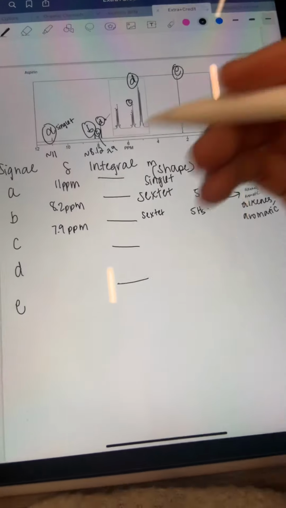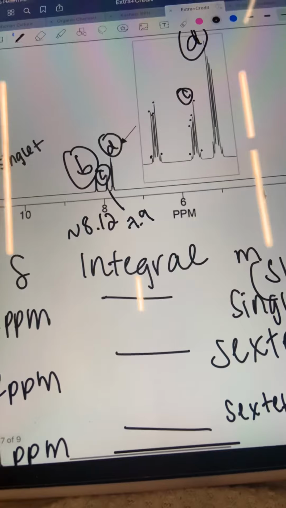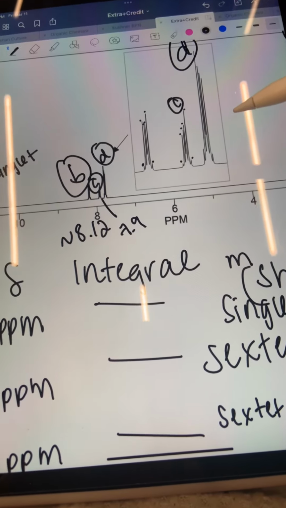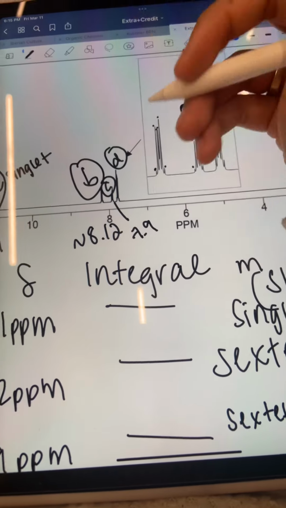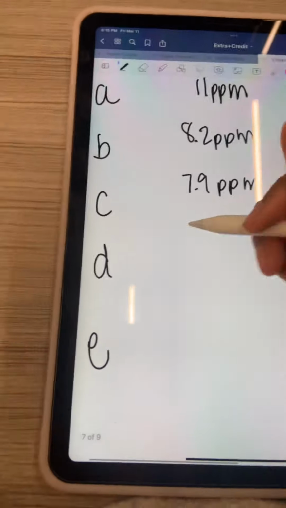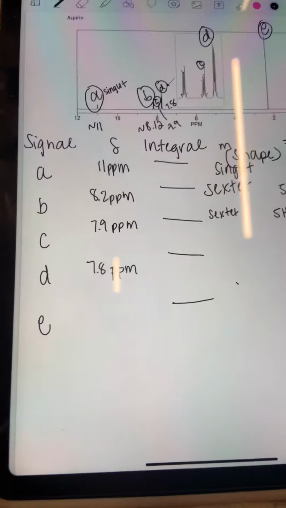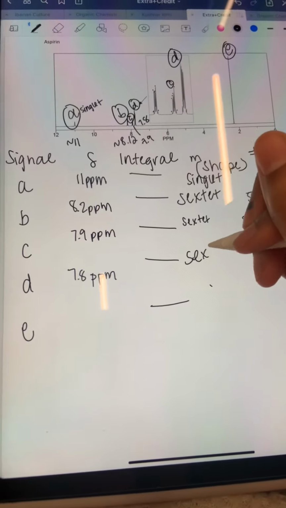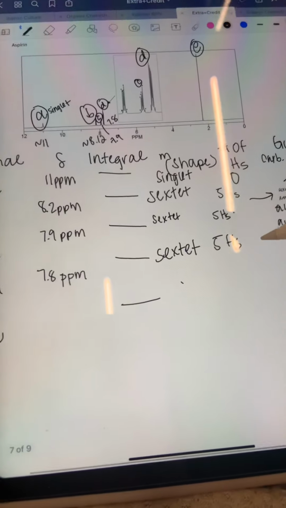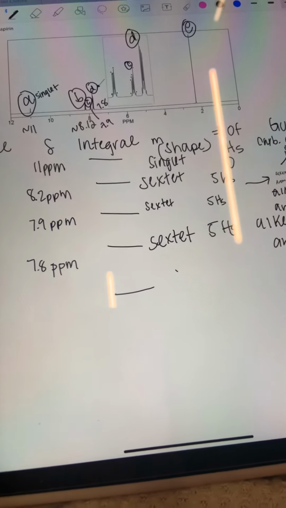And then the same thing is going to happen with D. As you can see here, I know it's very squished, but we're going to say that D has a ppm value of 7.8 because it's right before C. So we're going to say 7.8 ppm for D. Again, this is going to be another sextet with another 5 hydrogens attached to the neighbor. And then it's going to be the same thing, alkenes and aromatic.